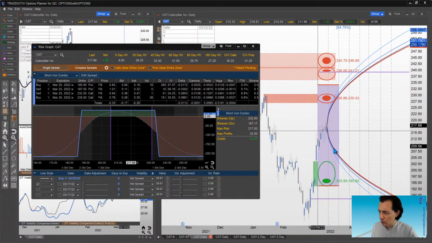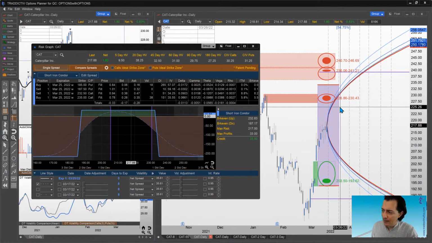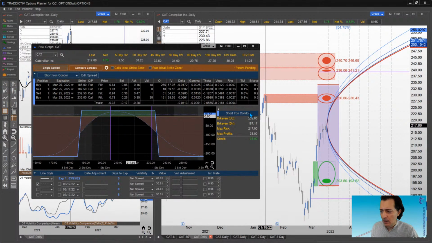Long story short, putting on the side sometimes a little bit of lack of precision when it comes to where I put the lines on the chart, because in the end we use a mouse, right? Good enough. The purple area is the area of profitability set by the break-even above and below.